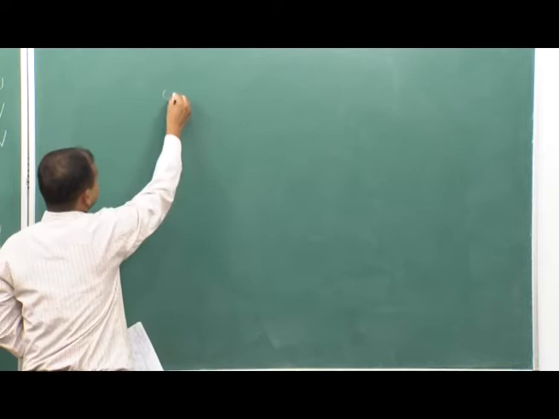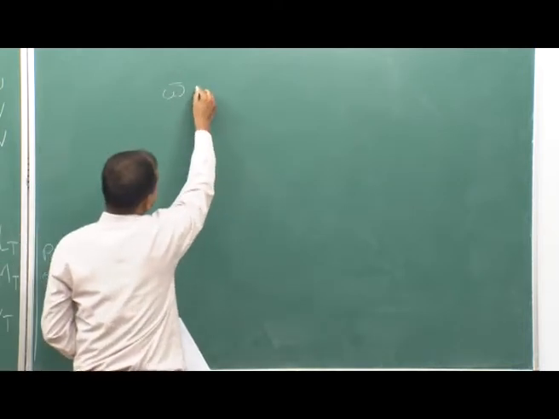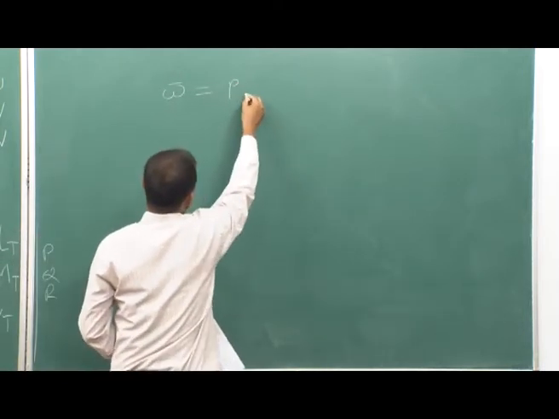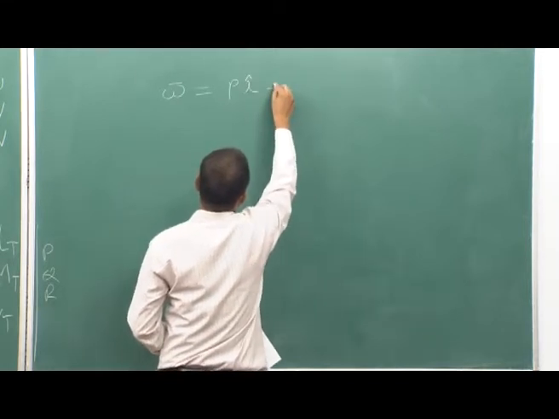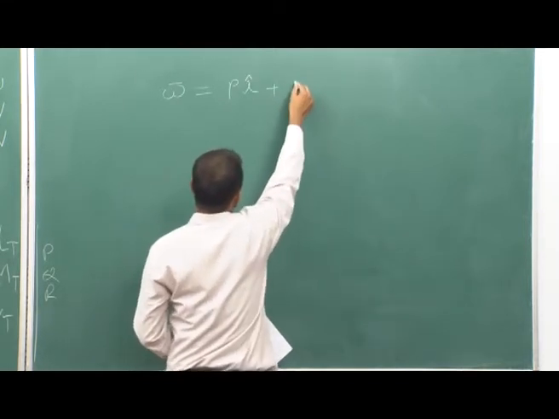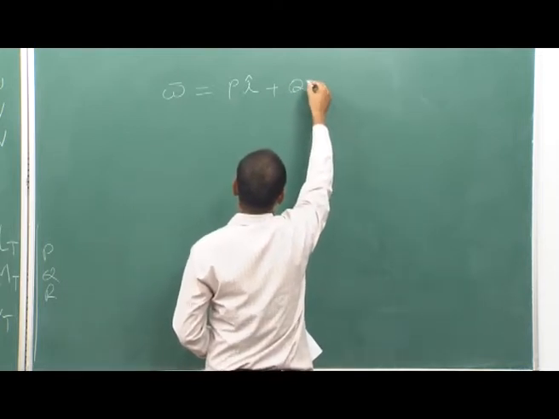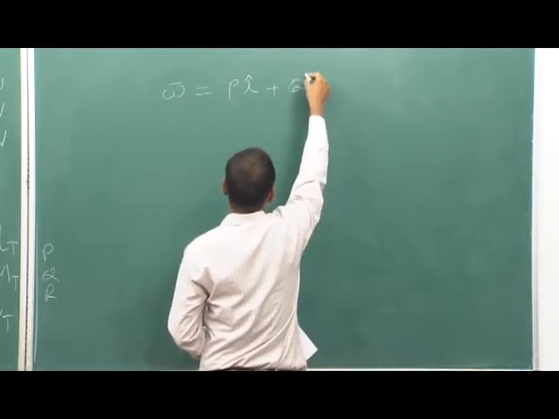If we have the angular velocity of the aircraft, you can write it as, this PQR are the rotations, the angular speeds in the body frame of the aircraft.